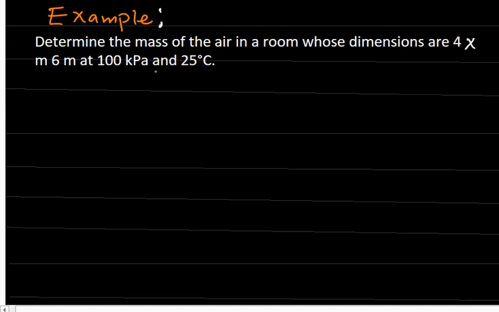Let me check where I wrote the question. Okay, the actual dimension is 4 meter by 5 meter by 6 meter, and the pressure is 100 kilopascal at 25 degrees Celsius.